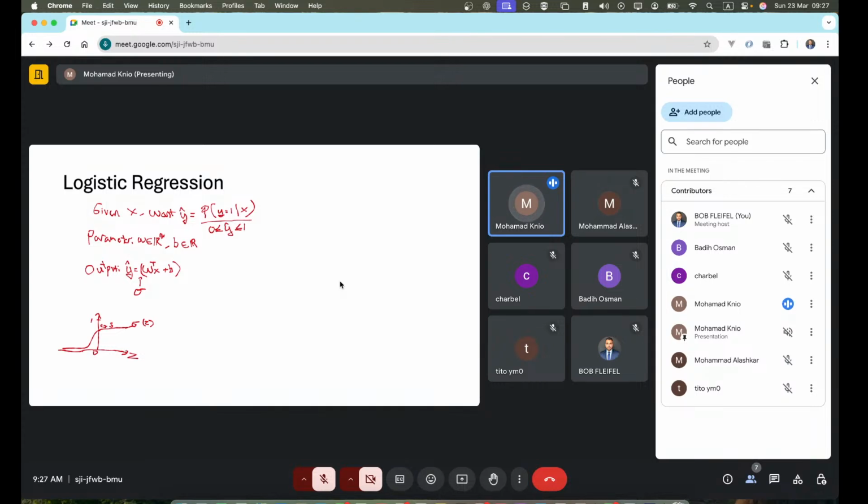We denote z as w transpose x plus b. And here is the formula of the sigmoid function, where sigmoid of z is a real number: 1 over 1 plus e to the minus z.